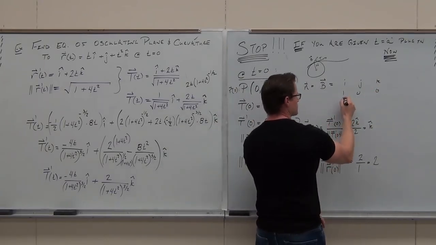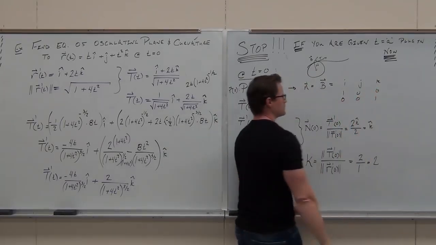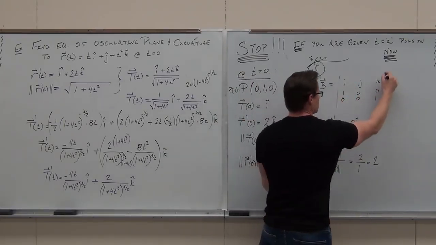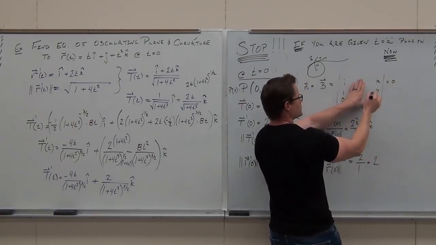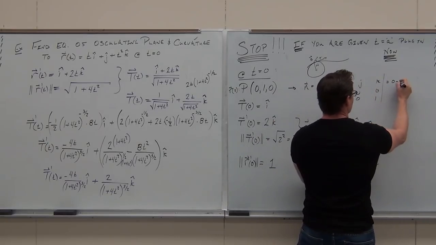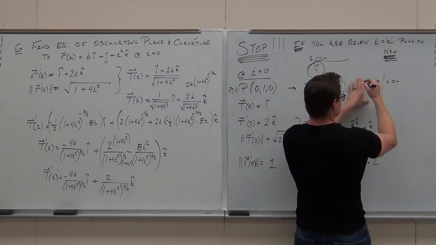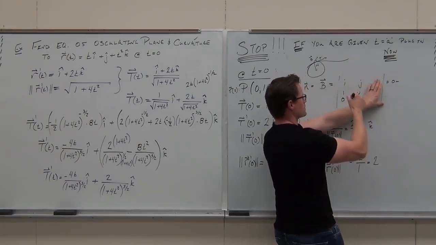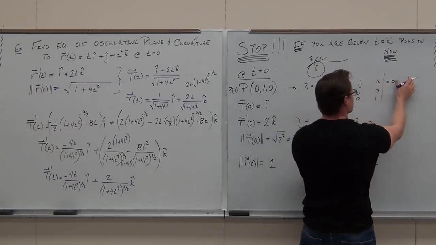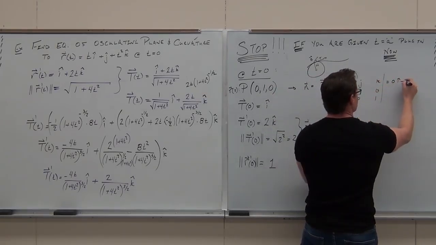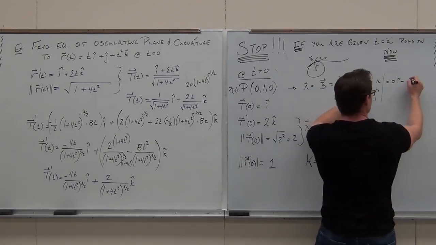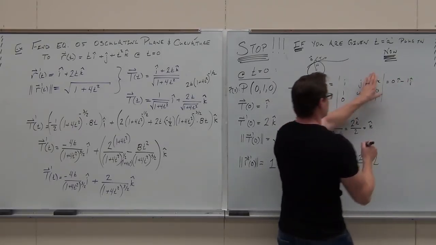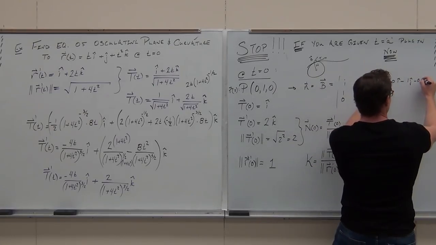N is 0, 0, 1. 0. Oh, here's J. 1 minus 0. So, isn't that right? 0 minus 0, that's I. Minus 1 minus 0. 0.